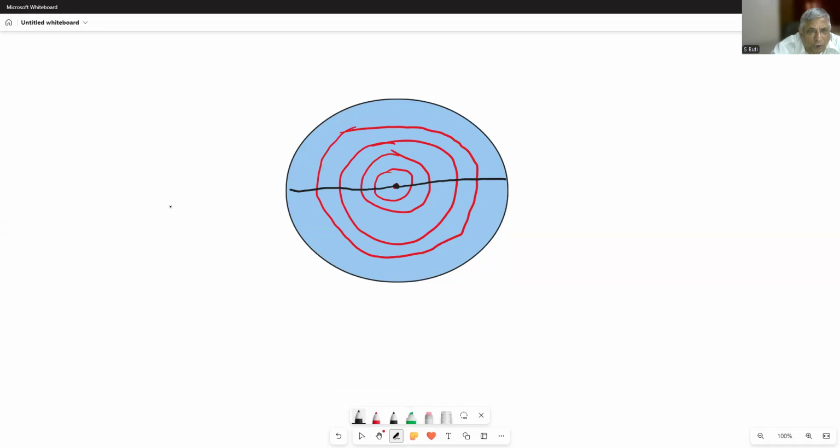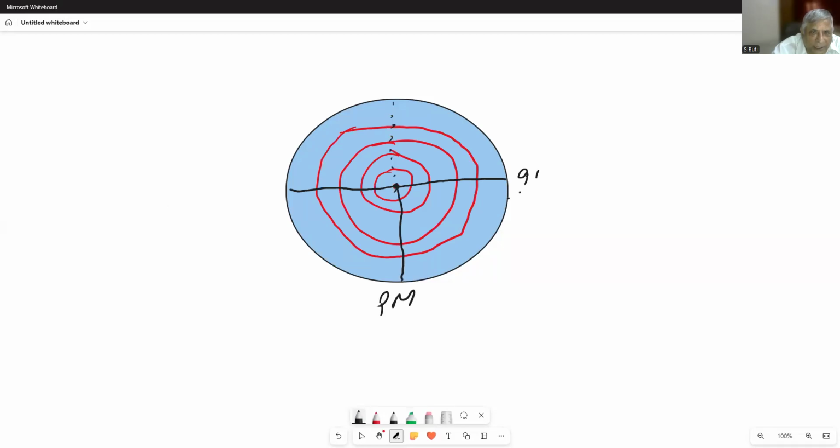If this is the North Pole, then this will be the equator, outer circle, 10 degrees north, 20, 30, 40, 60, 80, 90 north. Let's say this is your anti-meridian and this is your prime meridian.